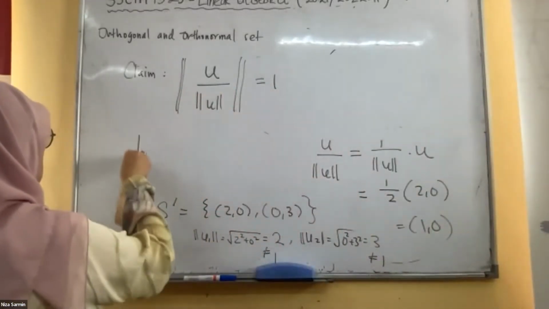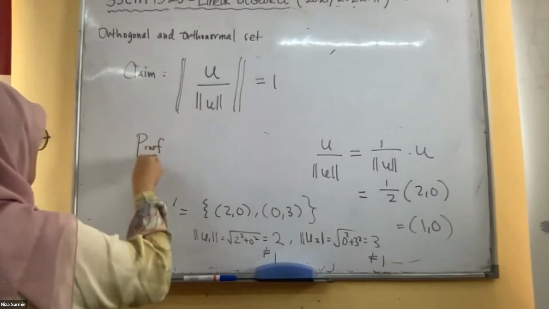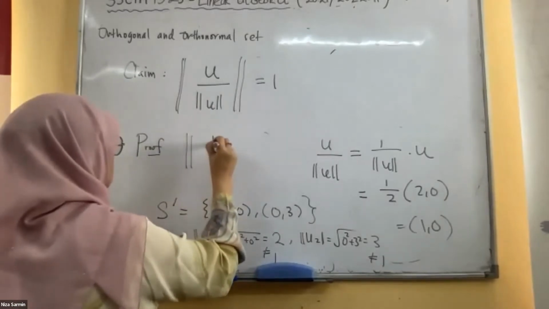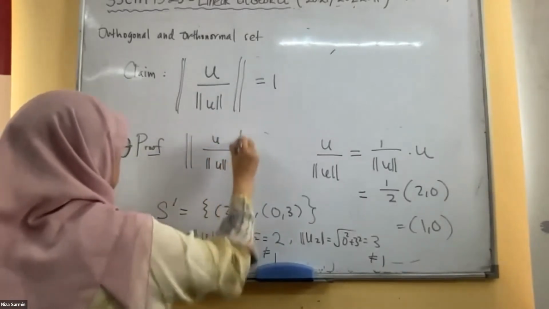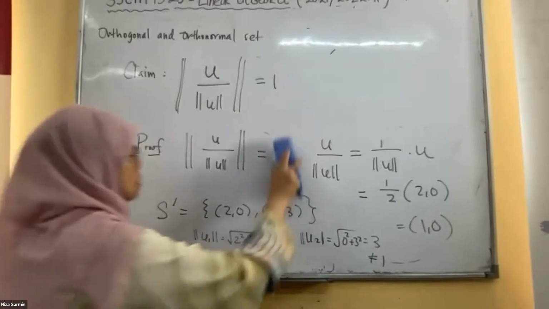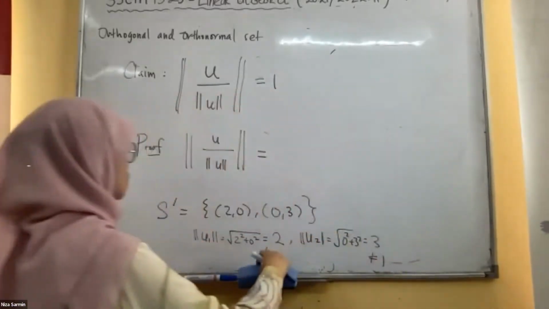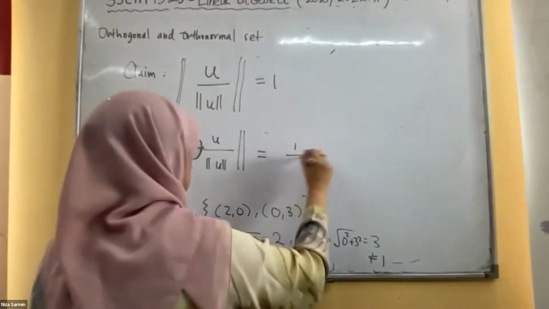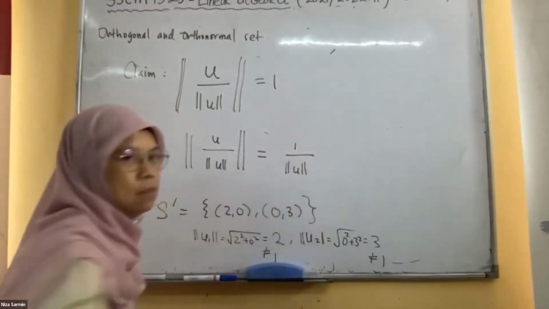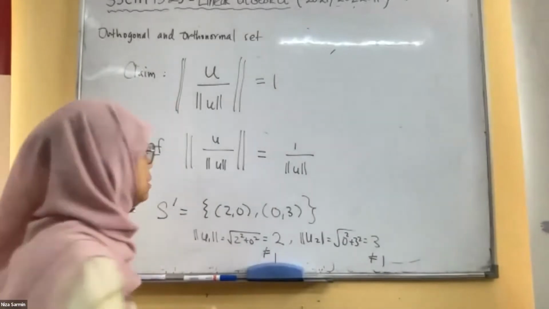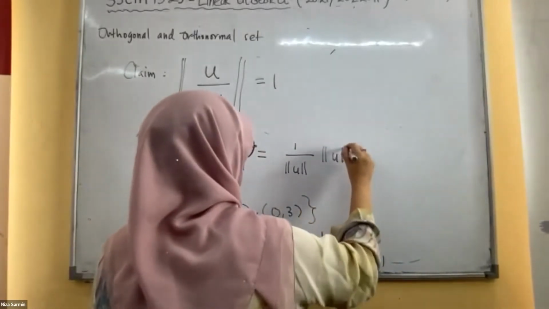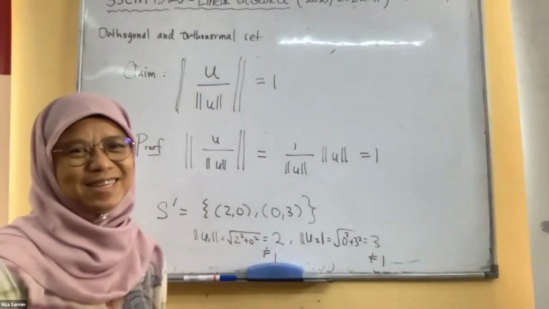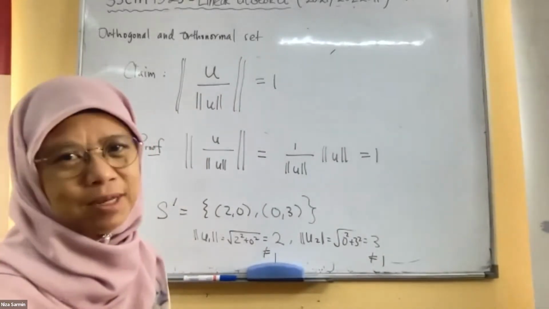Proof: the norm of the number is just the number, right? And then the norm of U. That's the proof. You just take the norm, divide by the norm. It's just one.